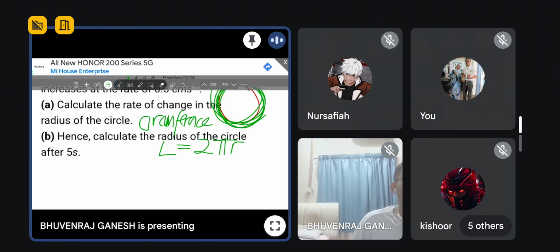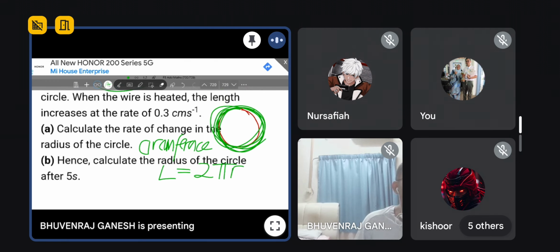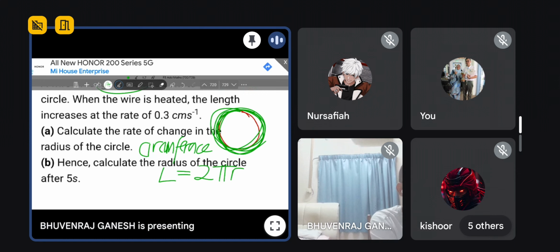So now, this value over here, they say the length increases at this amount. So guys, what is the symbol for this? Panjang dawai itu bertambah dengan kadar yang tu.